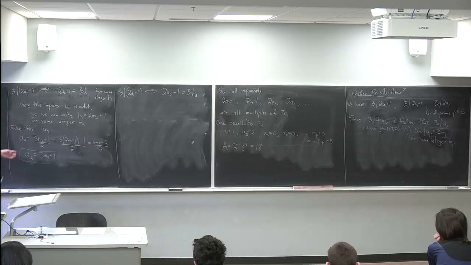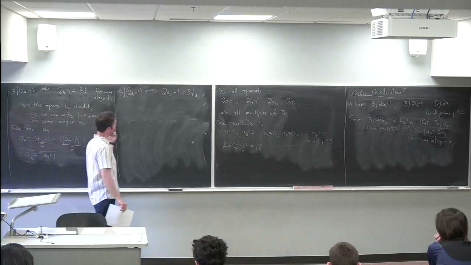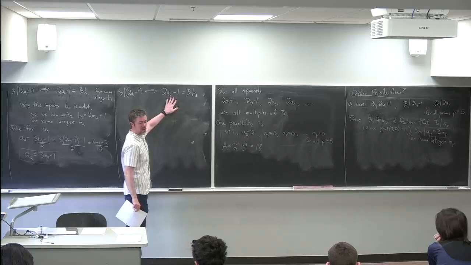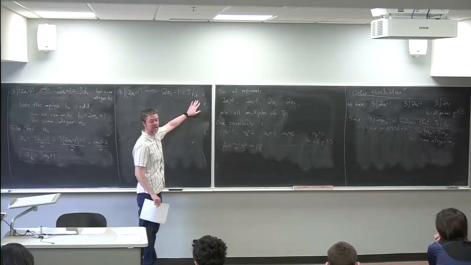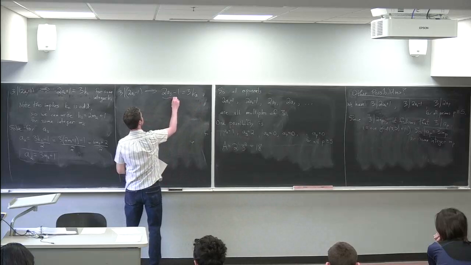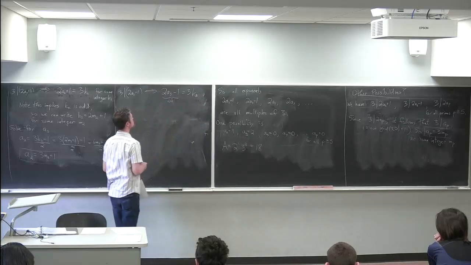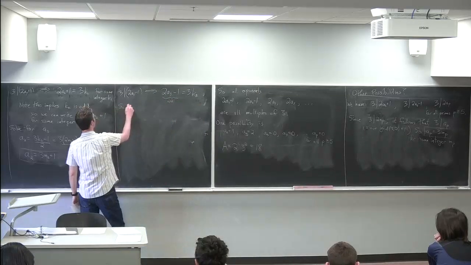And again, you want to solve for a3 like we solved for a2, but you'll have something that's a bit messy. Just as in the other argument, the left-hand side is odd, so the right-hand side has to be odd. So k3 must be odd.